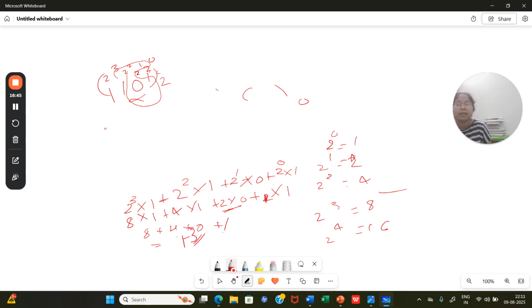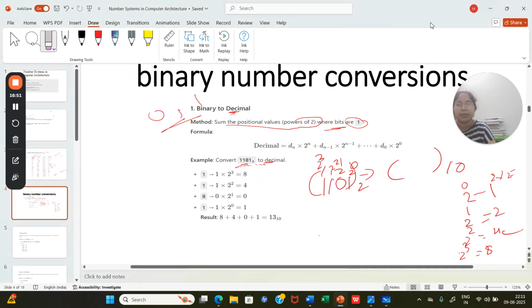13 is the value for this binary. So right here, 13. What we got as the answer for this is 13. So here we got the value 13 base 10. We converted this one with powers, and write here 13 base 10.